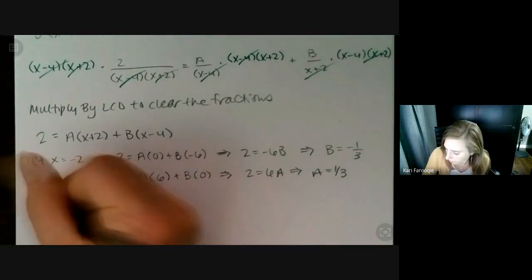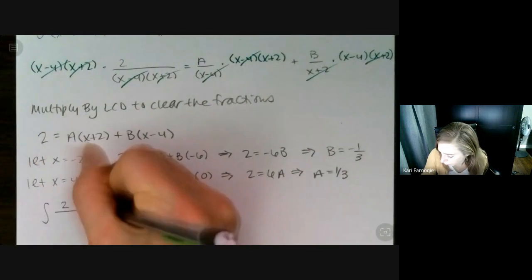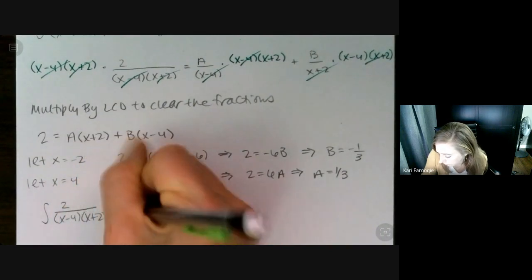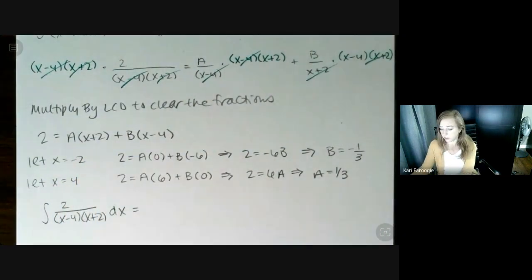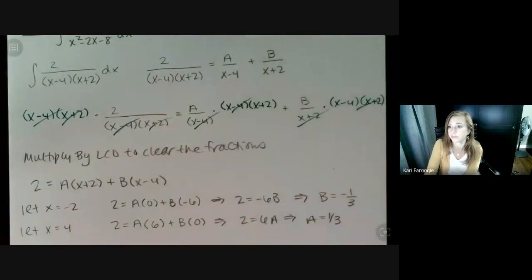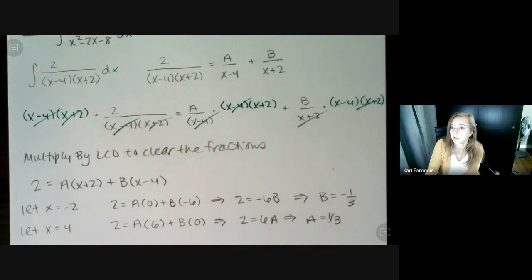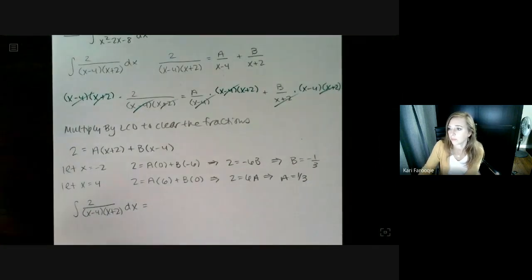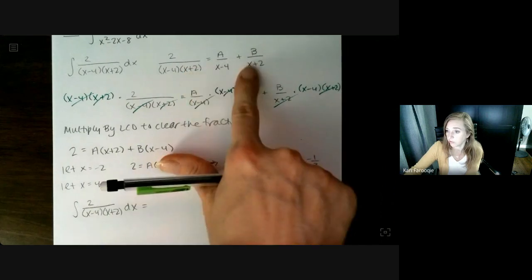So we're going to say now that 2 divided by (x minus 4)(x plus 2) dx can be rewritten using this equivalence.